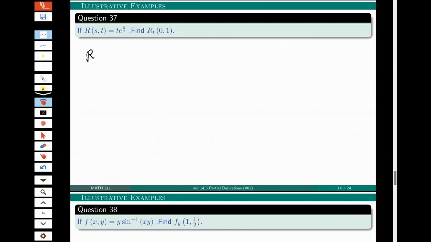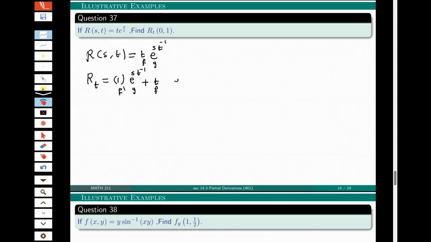Here I have r is a function of s and t, which is equal to t e to the power s over t. I will rewrite s over t to be s times t raised to the power minus 1. So if I want to find r sub t, I have the product rule: the derivative of the first times the second, plus the first times the derivative of the second.